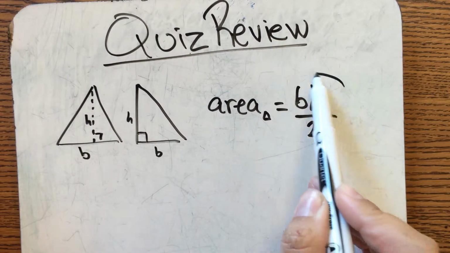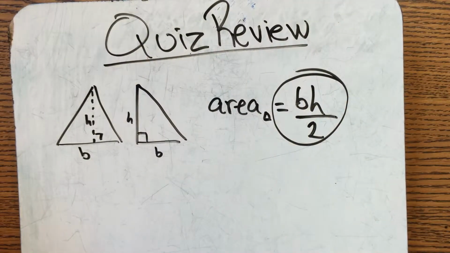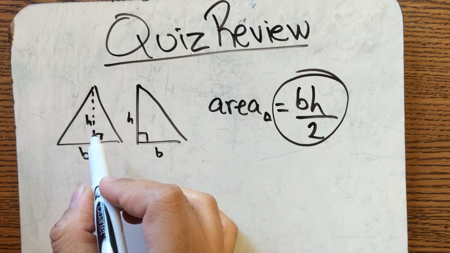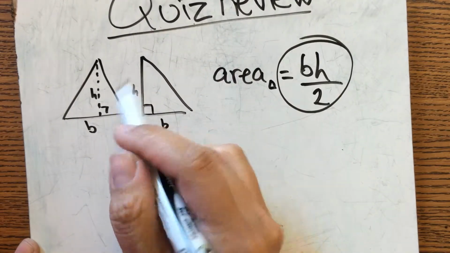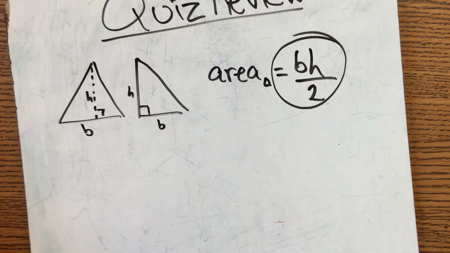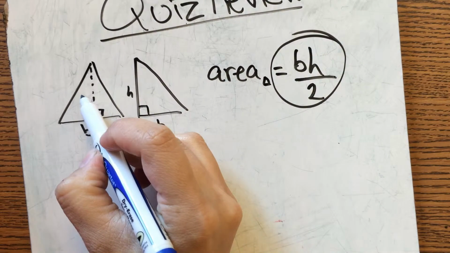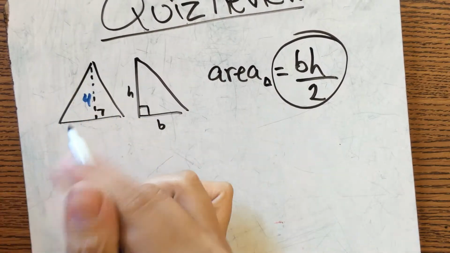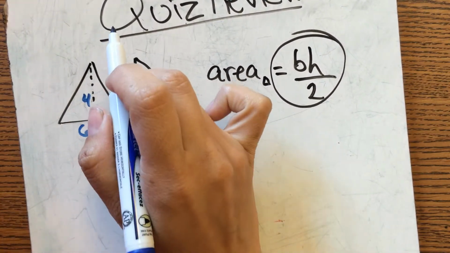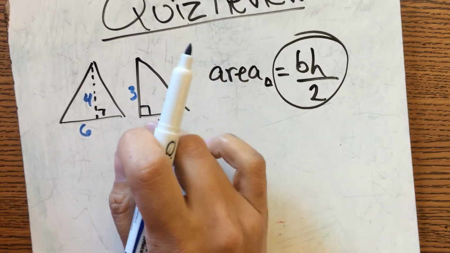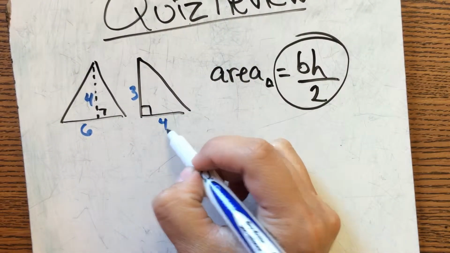Every single triangle, when you solve for the area, you're going to use this formula for this one and this one. So let's fill in some numbers and play with the answer. Let's say the height of this one is 4 and the base is 6. Let's say the height of this one is 3 and the base is 4.